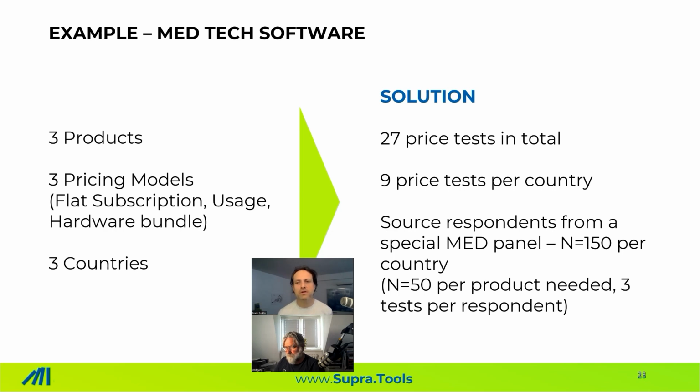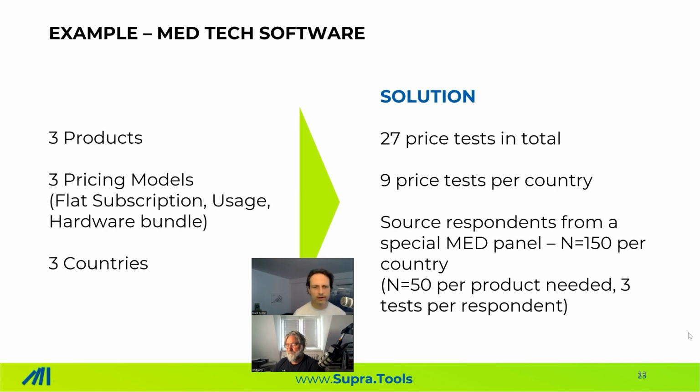So this means you have 450 price tests per country, divided by 9, which means you have 50 assessments for each price test, which is what you need, right? So 50 price tests for B2B is stable enough to get a really good result.